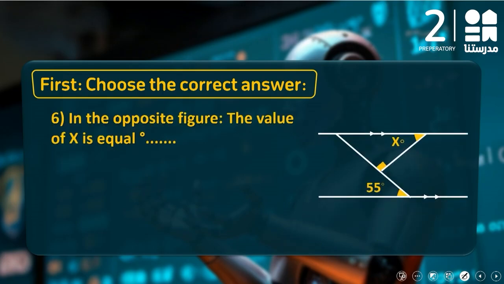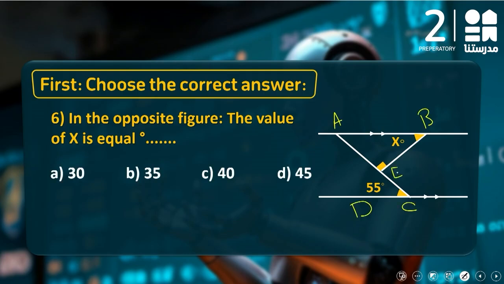In question number 6, in the opposite figure, the value of x equals what? Here we have this figure. We can call these vertices A, B, C, D, and E. The line segment AB is parallel to the line segment DC.